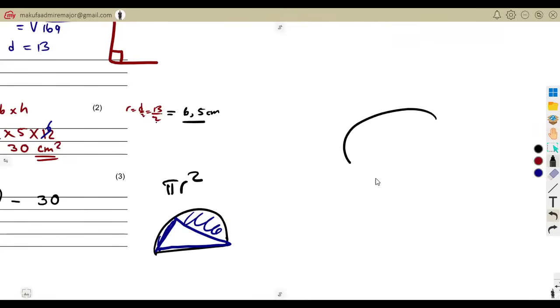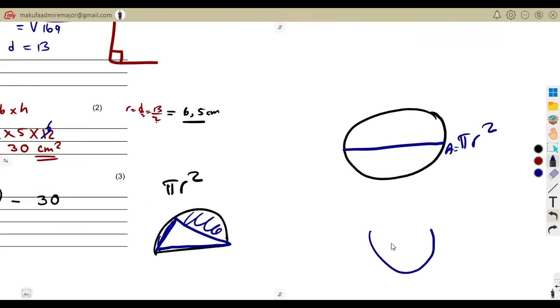A complete circle and a half circle are two different things. The complete circle's area is pi r squared. When it is half of a circle, the area is half of what we are used to, half of pi r squared. So we must be very, very careful.